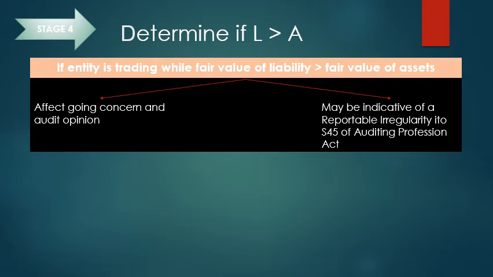First of all, you need to consider going concern and the effect that it will have on your audit opinion. The second thing that you need to consider is that by continuing this practice, it may be indicative of a reportable irregularity that needs to be reported to the auditing regulator in terms of Section 45 of the Auditing Professions Act.